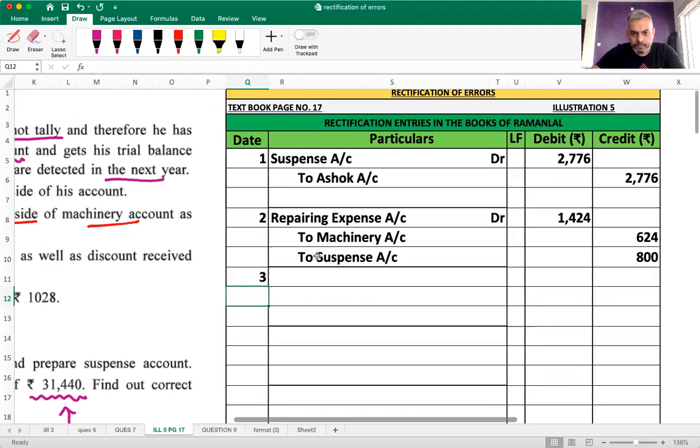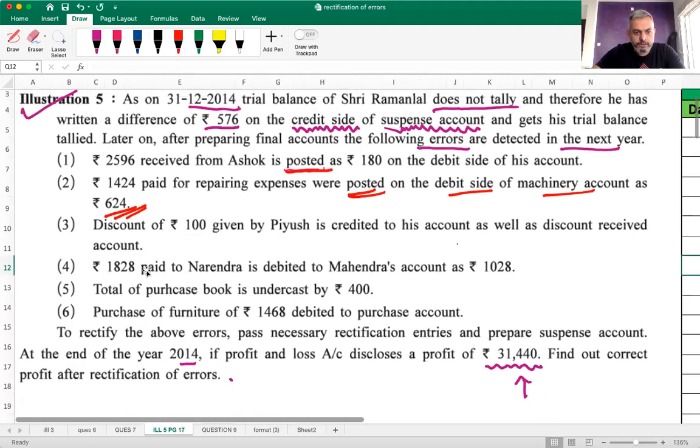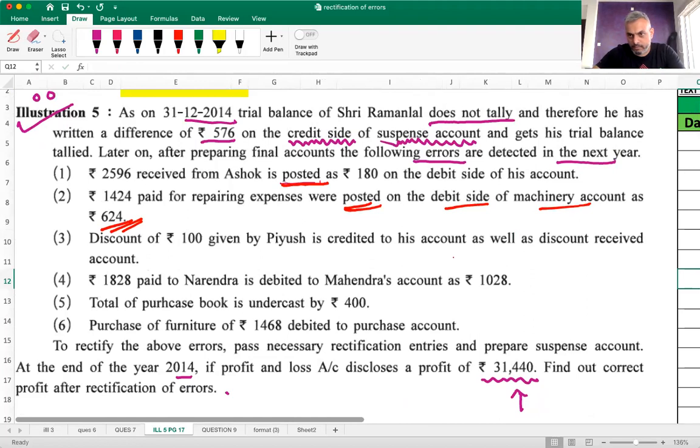Now let's go to the third one. Discount of rupees 100 given by Piyush is credited to his account as well as discount received account.